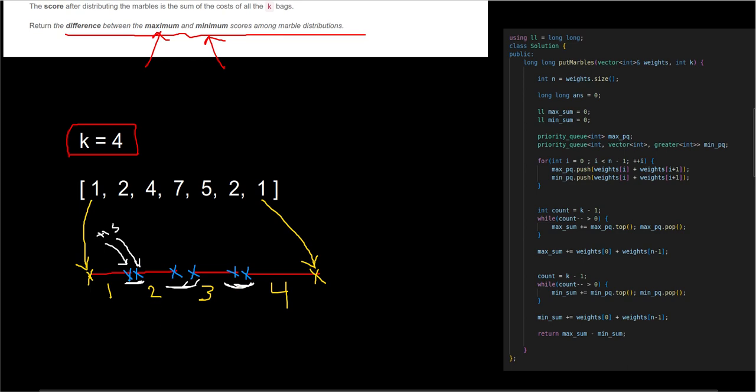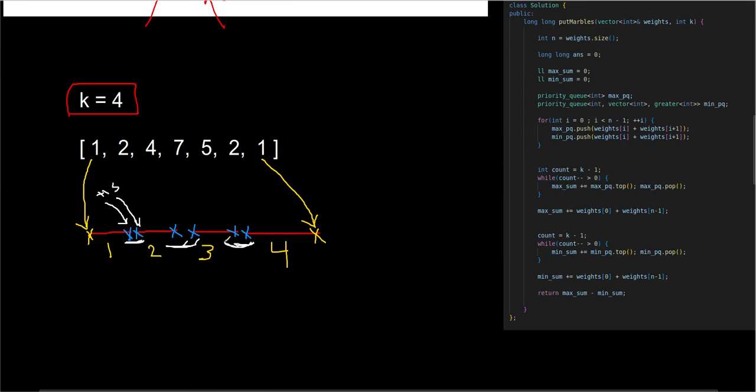This means that to find the maximum score, we need to find the maximum summation of two neighbors. In this case, for k equal 4, we need to find the maximum 3 values, because we have 4 segments and 3 pairs are unknown, and the maximum will be the summation of these 3 plus this one plus this one.